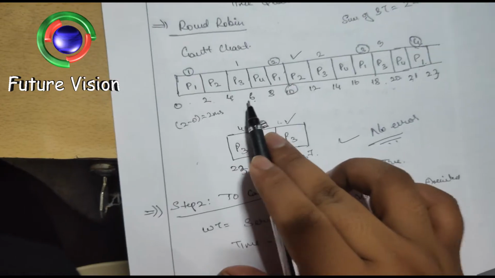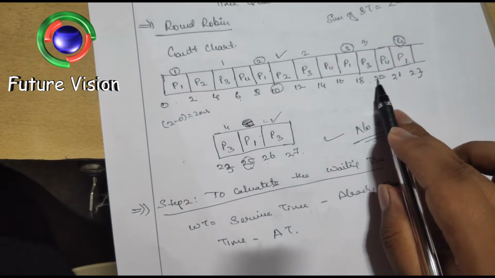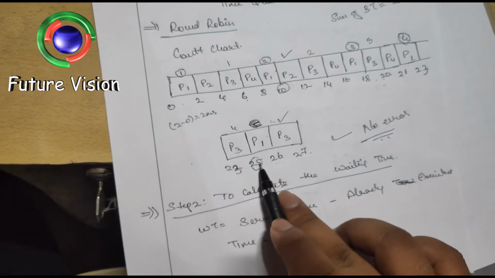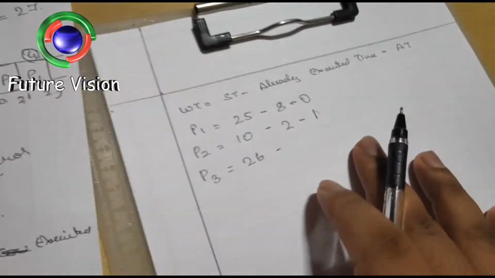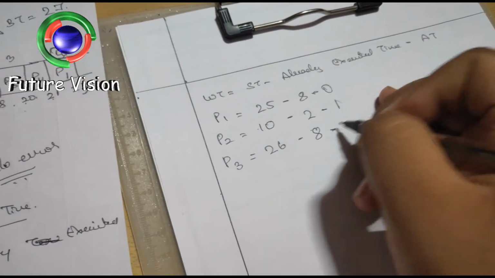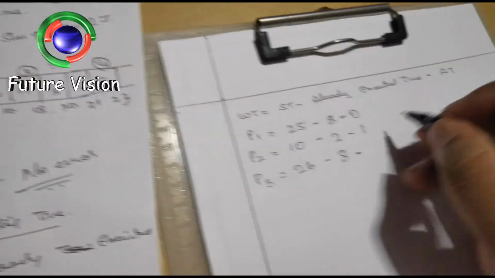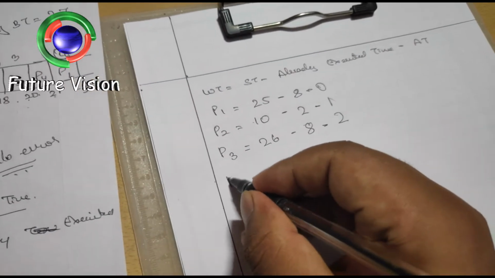Every place P3 takes up 2 milliseconds. So there are 4 occurrences, 4 twos are 8. We'll just add 8 here, minus the arrival time of P3, which is 2. Simply write 2.